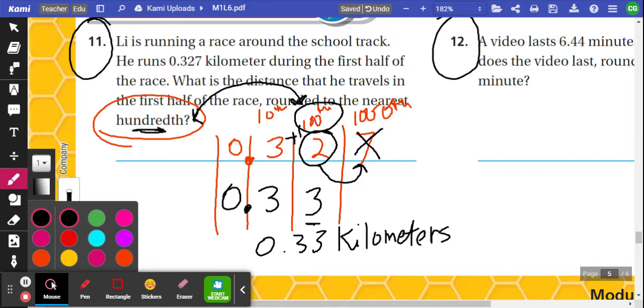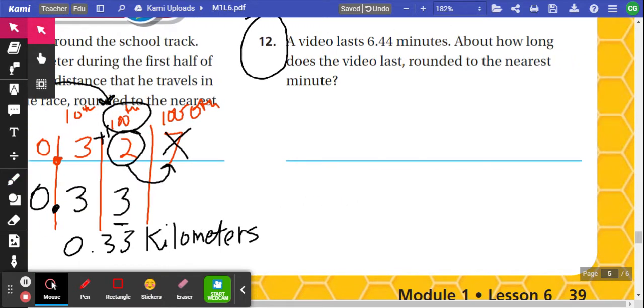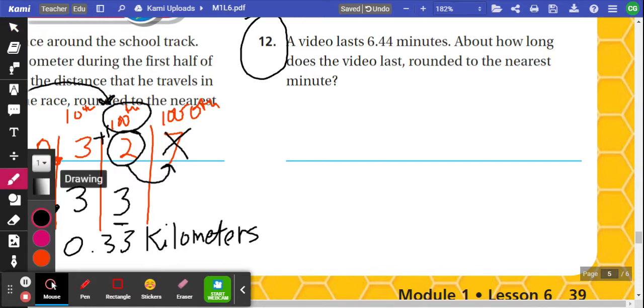All right, let's look at number 12 because this is practicing on the rounding that we're doing. A video lasts 6 and 44 hundredths minutes. About how long does this video last? Round it to the nearest minute. Okay, so we're looking at the minutes part, right? We said 6 minutes and 44 seconds is what pretty much it is. So I'm going to bring this down. 6.